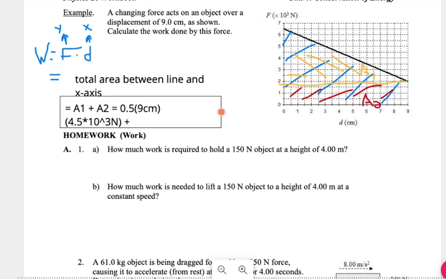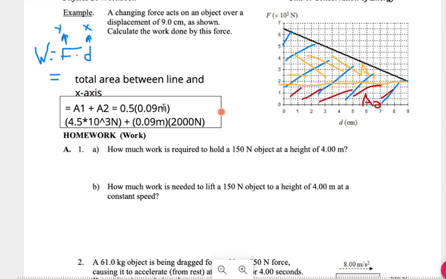And we need to add our rectangle area. Base again is 9 centimeters, and our height is 2 kilonewtons. So for the total work done, when we add that together, we'll have to convert this to meters: 0.09 meters from 9 centimeters. So meters times newtons, we'll have to keep that as 2,000, and 4 times 10 to the 3, right?